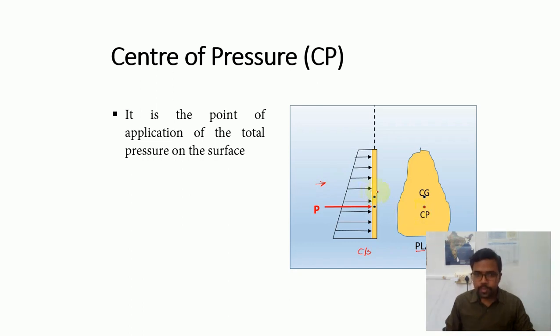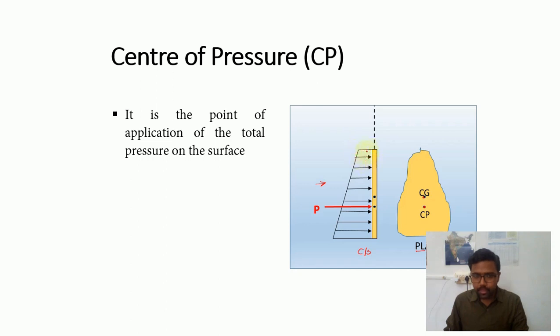It always acts below Cg, that is the center of gravity of an object, or the centroidal axis for planes. It always acts below the centroidal axis of the plane. Here the thickness is very small, so we can take it as a plane. Why is it like that? Here you can see the pressure distribution diagram.